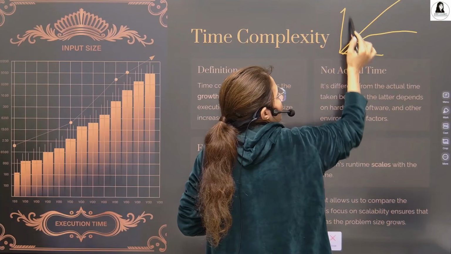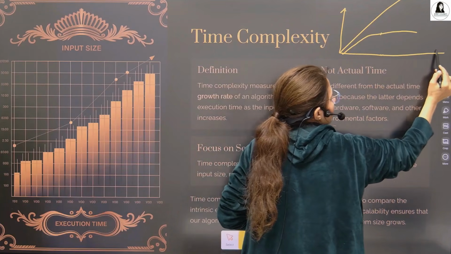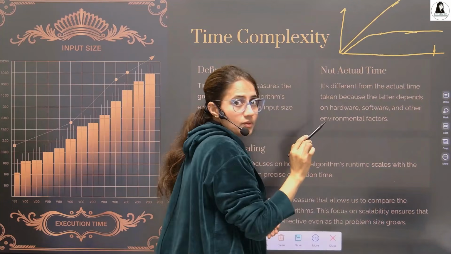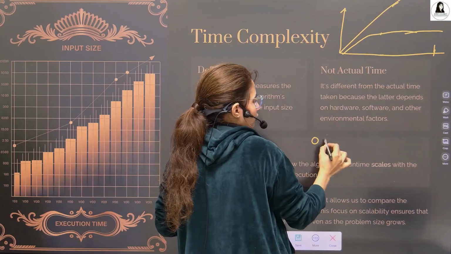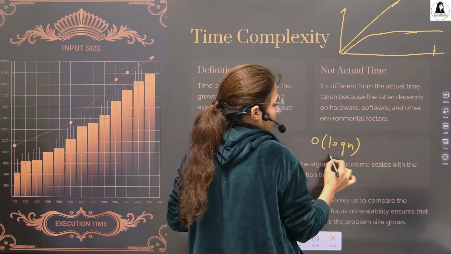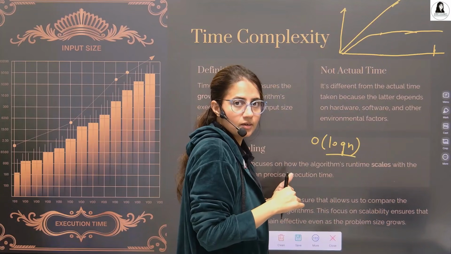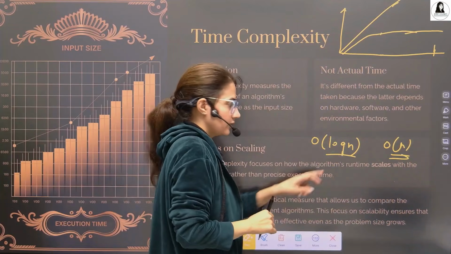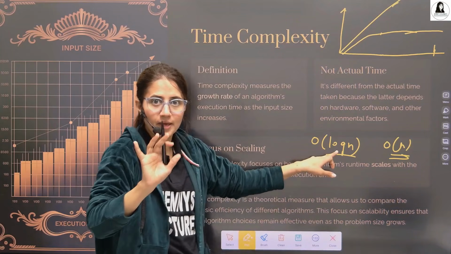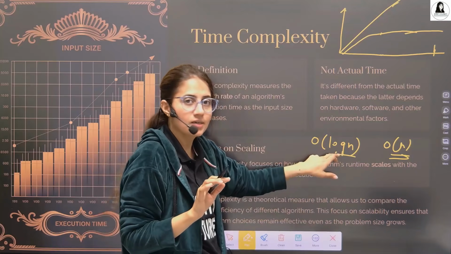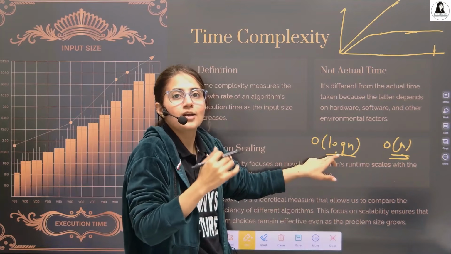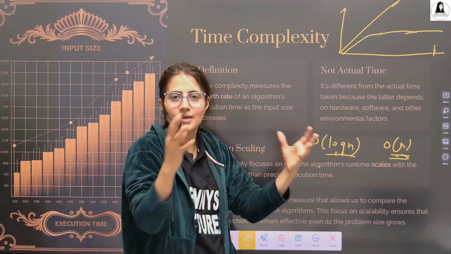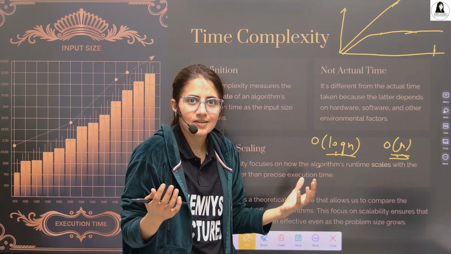So the number of operations are less here when the size increases. Here it would be more. So we can easily say order of log n is better than order of n. This one is better. That's why we compare. If an approach takes this time, that would be a better approach than this approach. So based on this, we compare our algorithms.